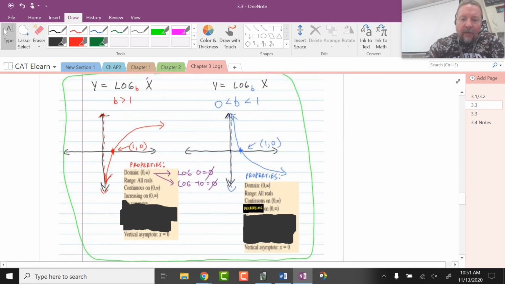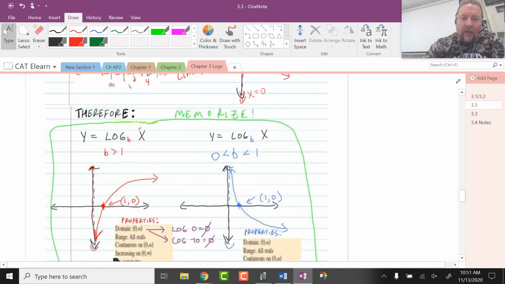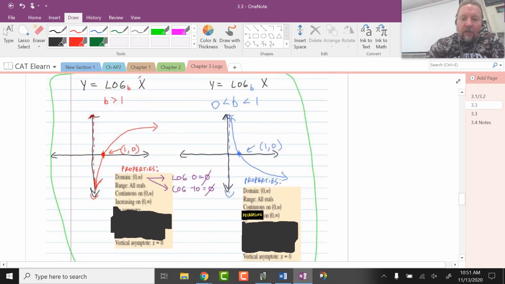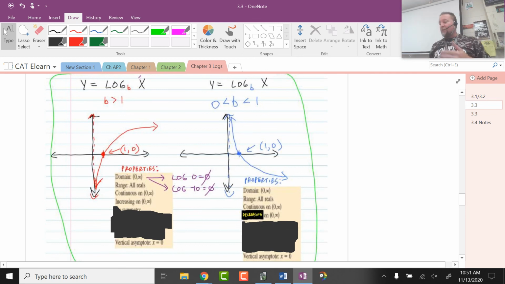Okay, then notice the domain is not all real numbers. It is confined to 0 to infinity because of that vertical asymptote. And really what's behind it is you can't log 0. That's why x equals 0 is the asymptote for the graph.